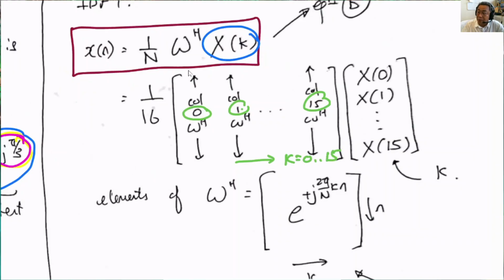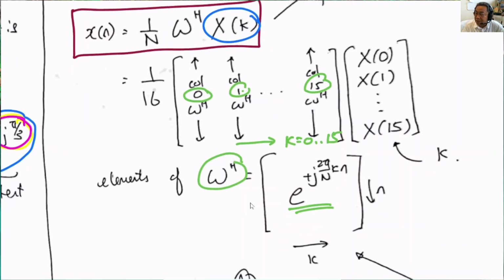Now let's observe what each element of each column is. Let's go to the W^H matrix, and we find that it is described by this notation. Every element of the W^H is simply e^(+j2π/N kn). This is the important one.